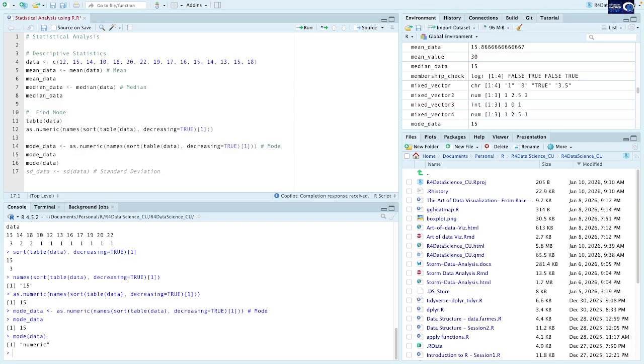Third is the ease of user-defined functions. We can use table, unique, which.max, and using those functions we can calculate the mode. Also, R has a strong focus on quantitative data rather than qualitative data, so that is also a reason there is no mode function.